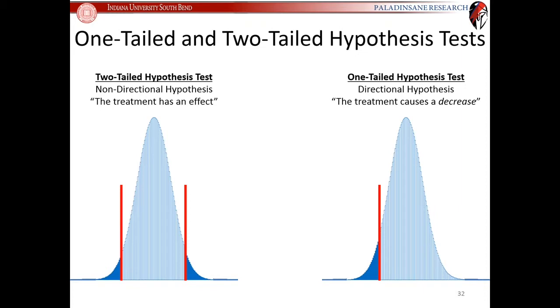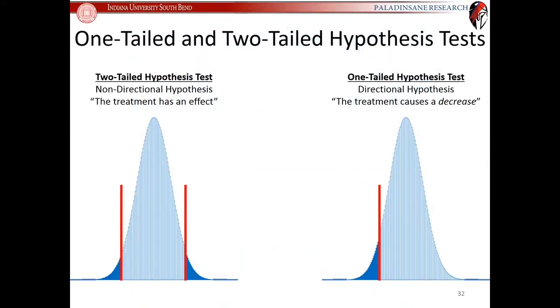All right, so let's take a look at one more common alpha level, which is an alpha level of 0.01. So an alpha level of 0.01 translates into 1% in your tails. So if we're doing a one-tailed hypothesis with an alpha level of 0.01, we take that alpha level and we put it all into one tail.